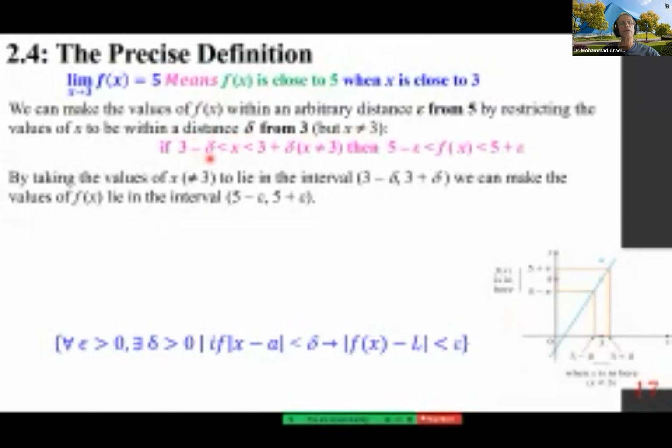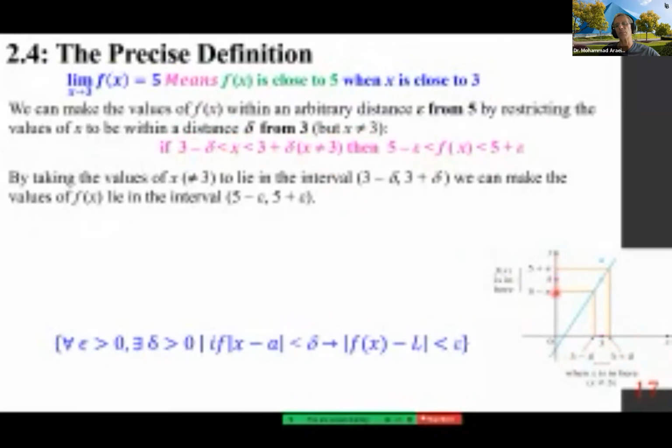If x is between 3 minus delta and 3 plus delta, take a look, then f of x is between 5 minus epsilon and 5 plus epsilon. Here's 5.